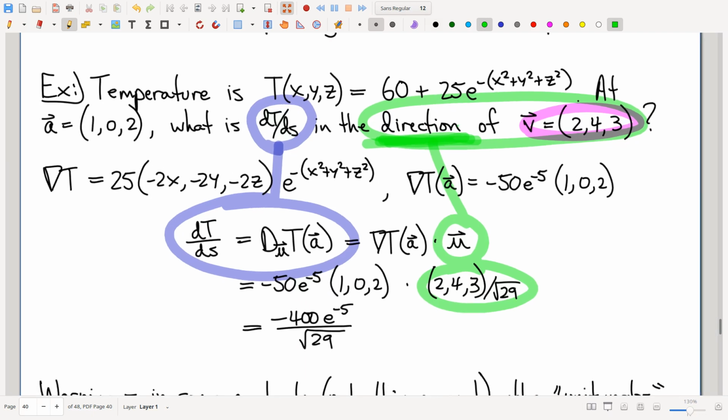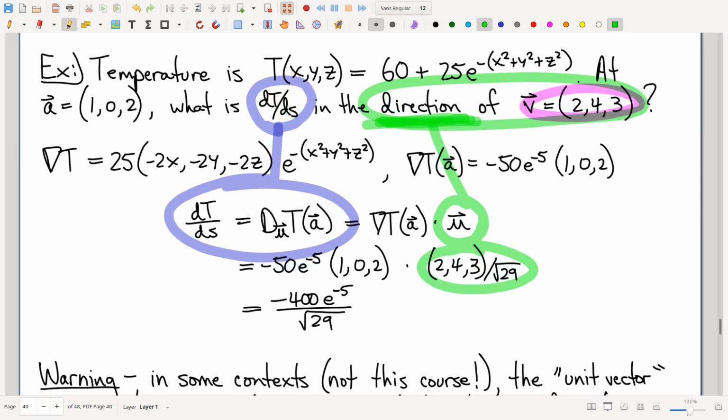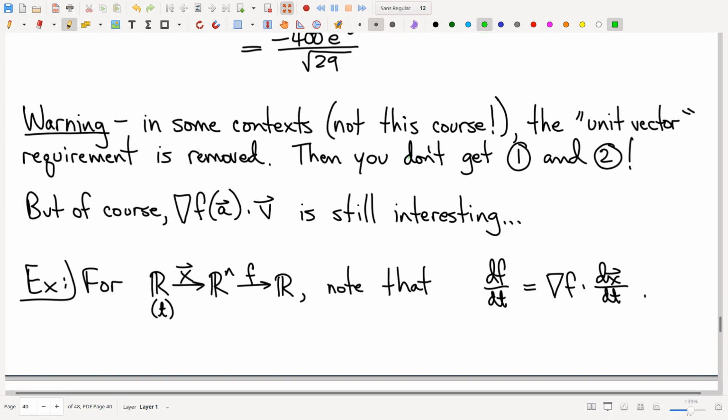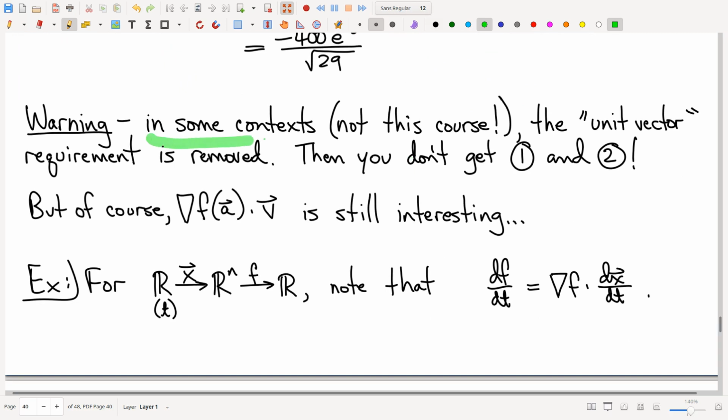Now, a slightly awkward, I'm going to call this a cultural point. There are some contexts, not this course, so I emphasize, not us. In this course, we're going to stick with the book on the convention that I'm about to address. But outside of this course, and y'all will eventually be out of this course, in some other context, some people like to remove the requirement that the vector be a unit vector.